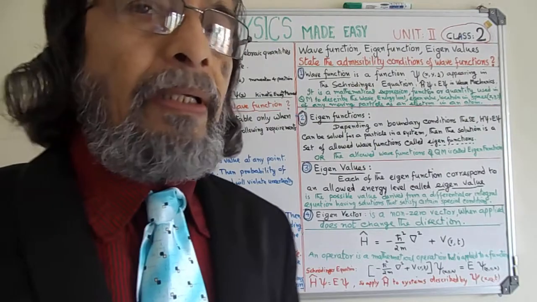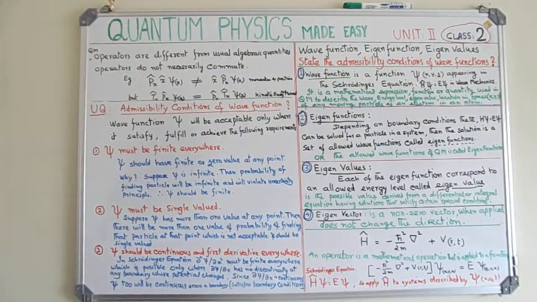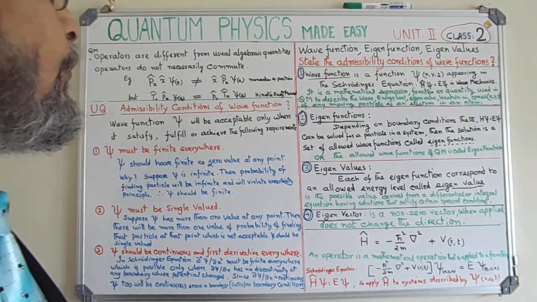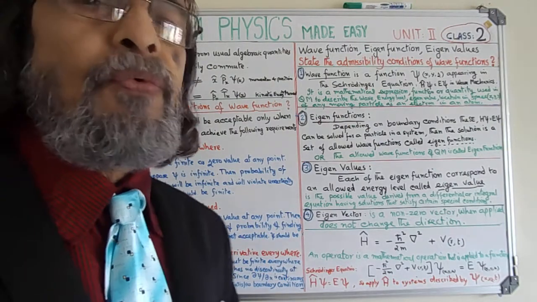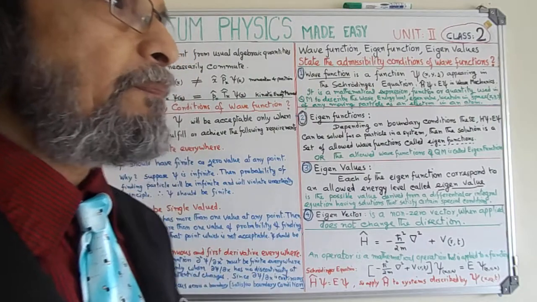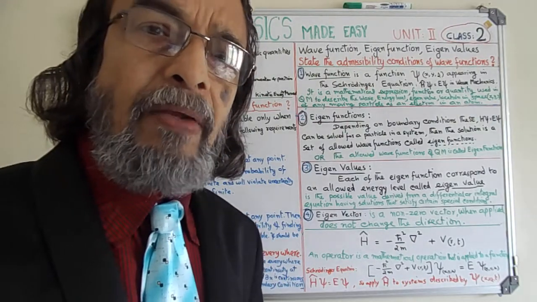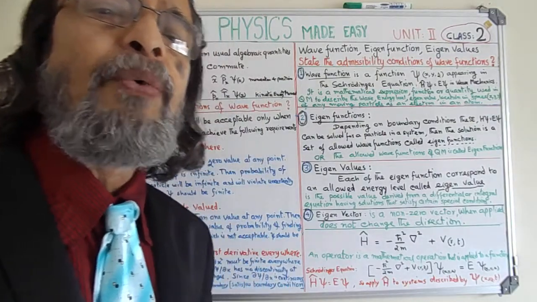Before going further, we have to explain what you mean by commute or commutative principle. If AB is equal to BA, we can say that they commute with each other.